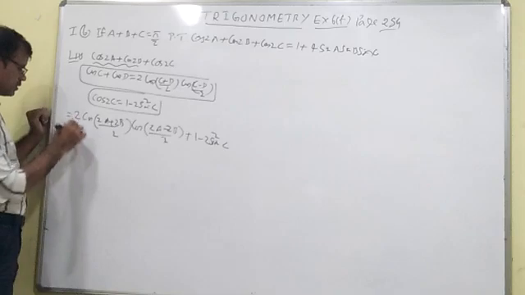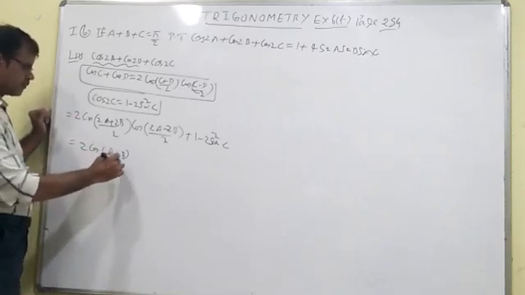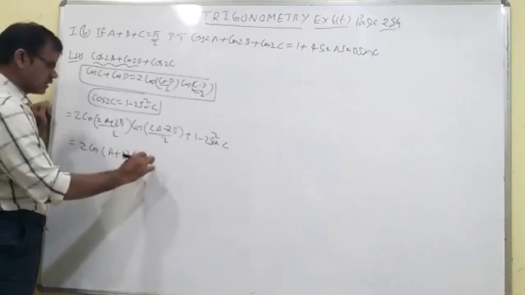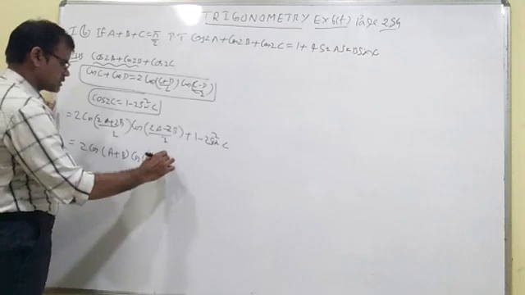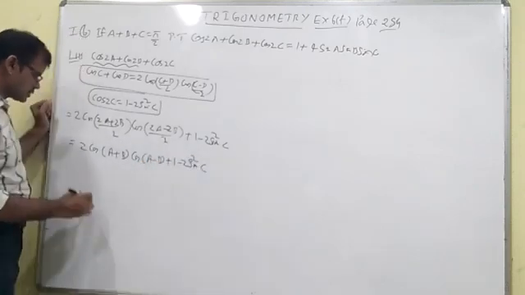That is equal to 2 cos of (a plus b), because 2 gets cancelled, into cos of (a minus b), plus 1 minus 2 sin square c.